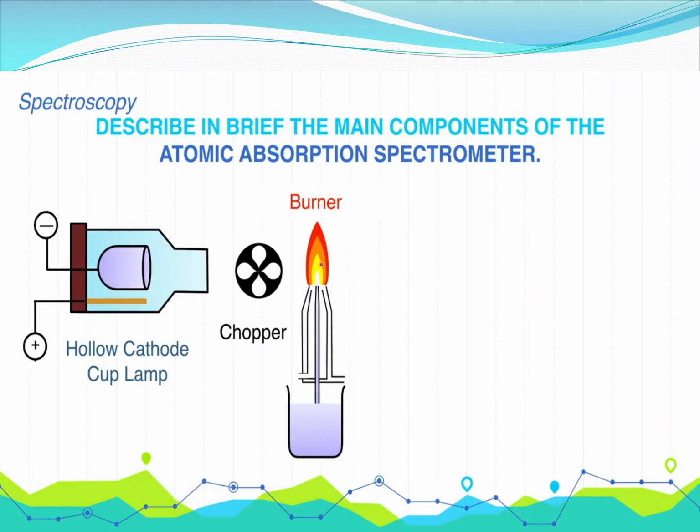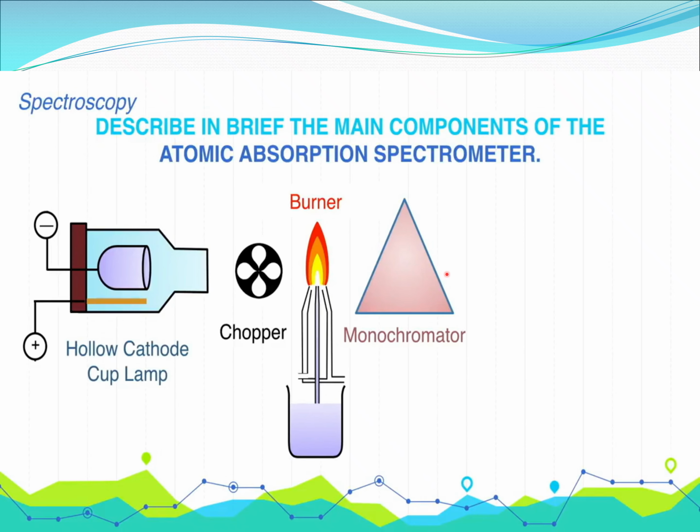burn in the burner, and this is the monochromator which gets the transmitted light and converts it into one single wavelength, and this is the focusing convex lens.